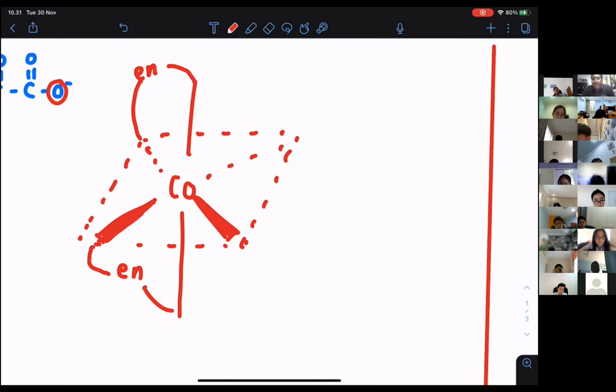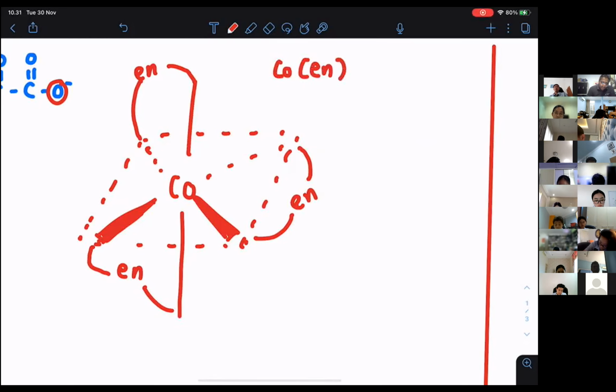Another EN from side to side. So this is going to be CoEN3. I do not know whether it's 2 plus or neutral, but I just put it over here.